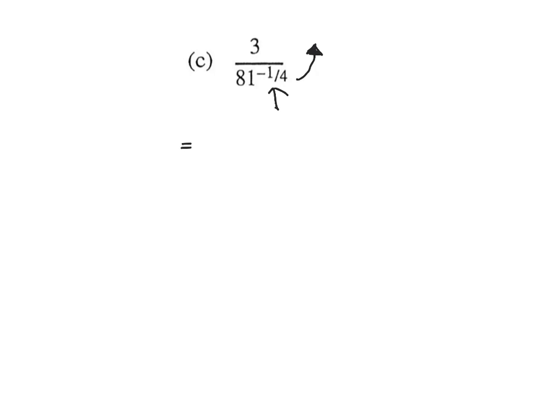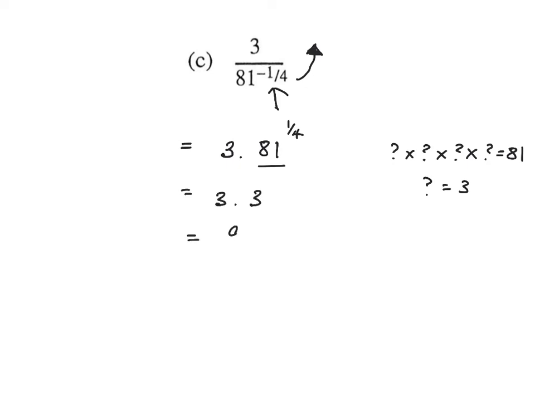So what I'm going to do then is write that as 3 lots of, that's 81 to the power of 1/4. That's the first step. Now, what number times itself times itself times itself equals 81? That number is 3. So this part here has the value 3. And 3 times 3 is 9.